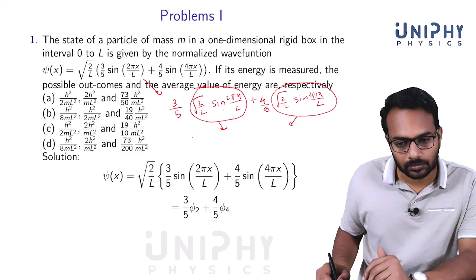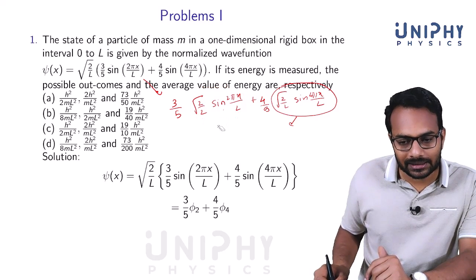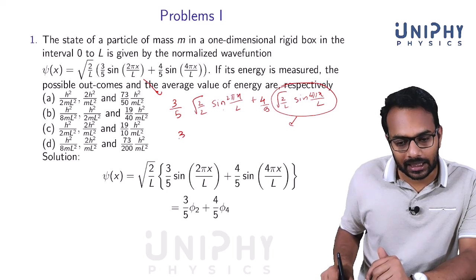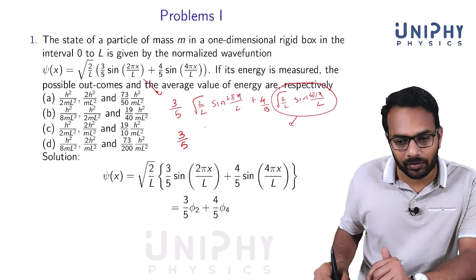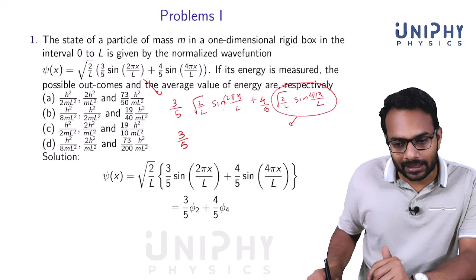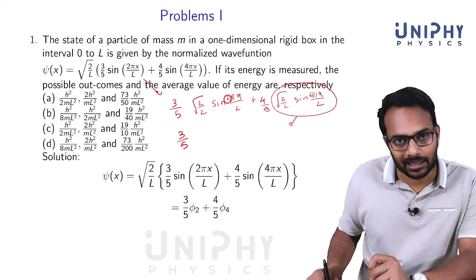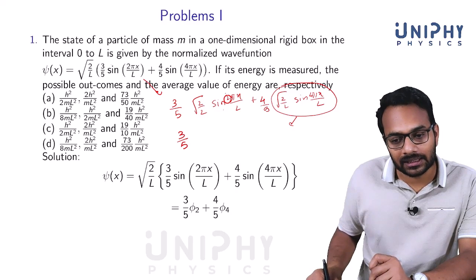That's all. Okay. So this means that what we have here is actually, let me write it as 3 by 5. You see that this is the energy eigenfunction corresponding to, we compare it with the form sine n pi x by L, n equal to 2. Am I right?